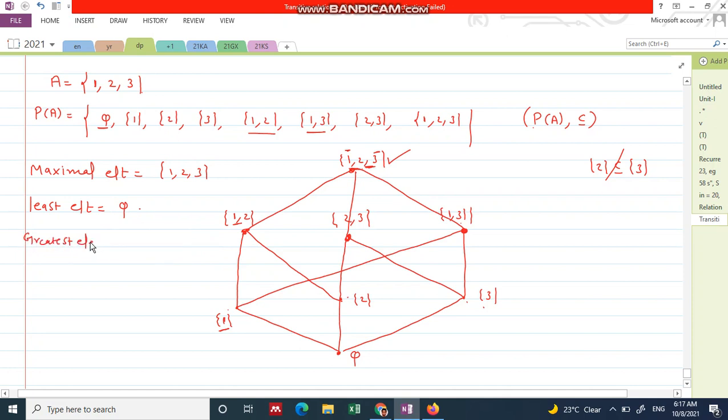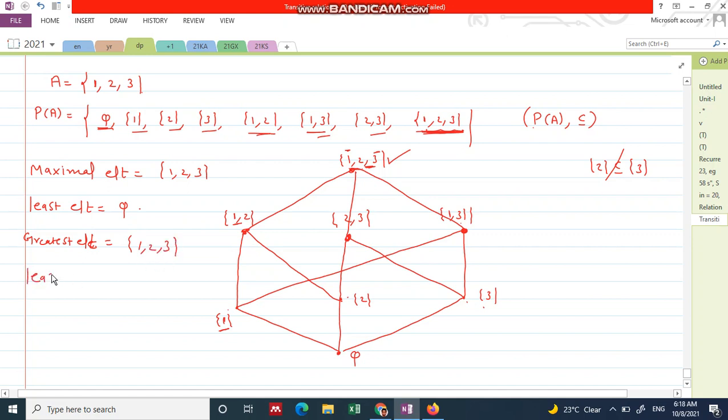And then the greatest element. You see that every set is actually a subset of this set. It means that every other element is in relation with this element. So here we have the greatest element {1, 2, 3}.